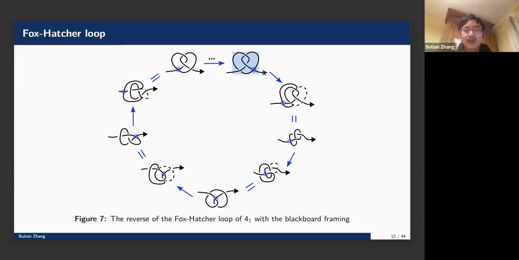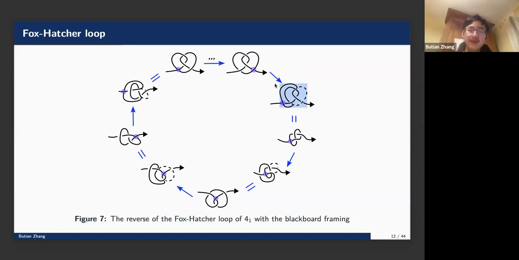For example, here, you can see the last crossing I draw with a small purple disc. That is the last crossing, and we can put it to the first crossing as here.